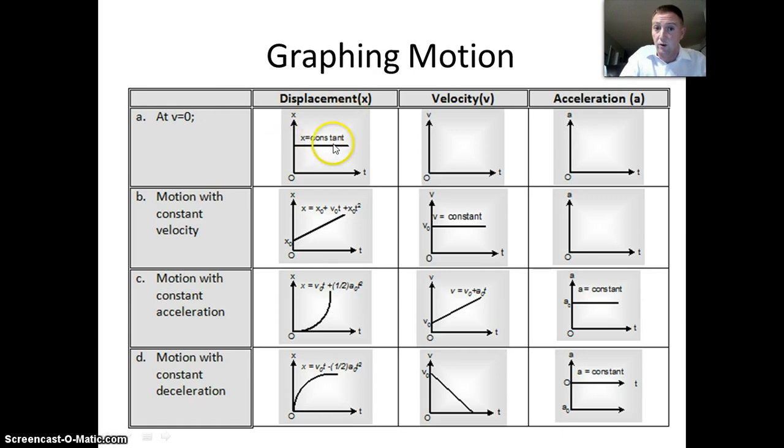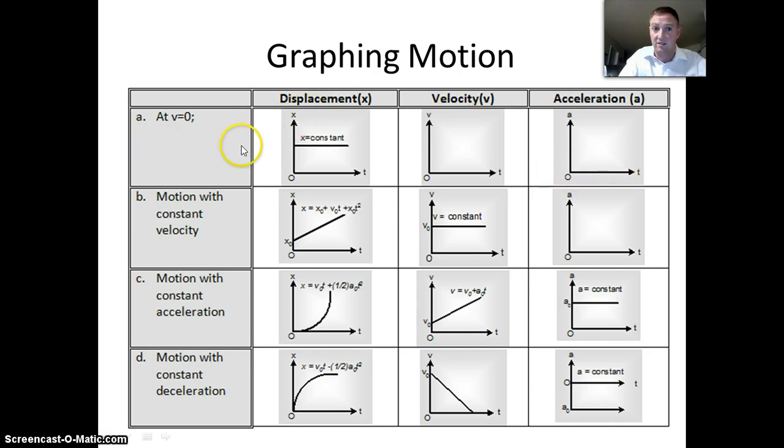If that is true on my displacement versus time graph, my position is not going to change. It's going to be a flat line. My velocity is going to be 0. Why? Because my velocity is 0 by definition. And if my velocity continues to be 0, I have no change in velocity, so my acceleration is 0 as well.